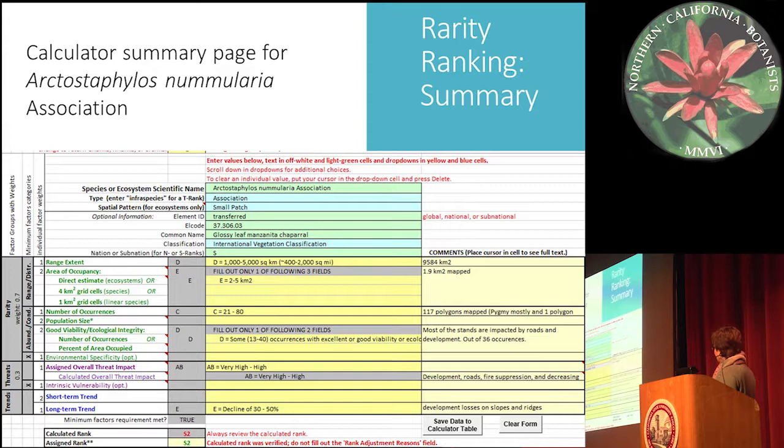And here's the calculator. I don't expect you to read this, but the point is that all of our data that we collect and put into those rankings gets summarized here. And we are archiving this too so that anybody can look at it and challenge or help us modify it.